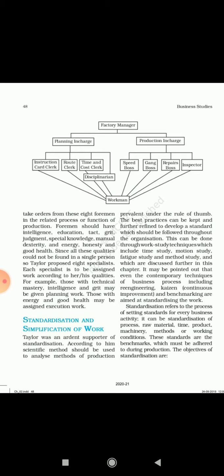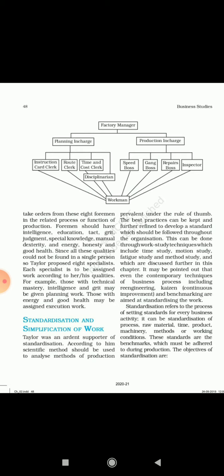Standardization does not mean only quality standard, but it refers to setting up a standard for size, type, weight, measurement and quality or quantity of product. According to Taylor, a scientific method of production must be selected to develop a standard.